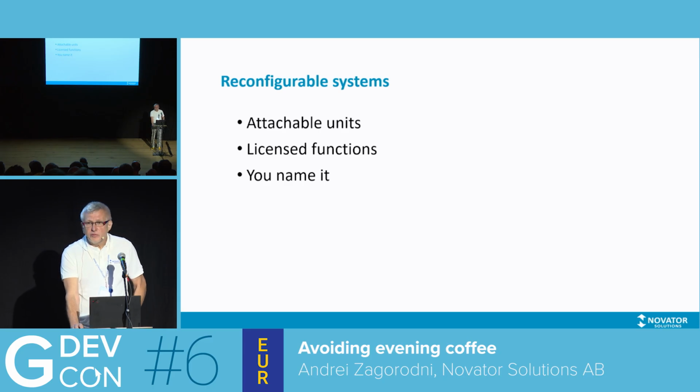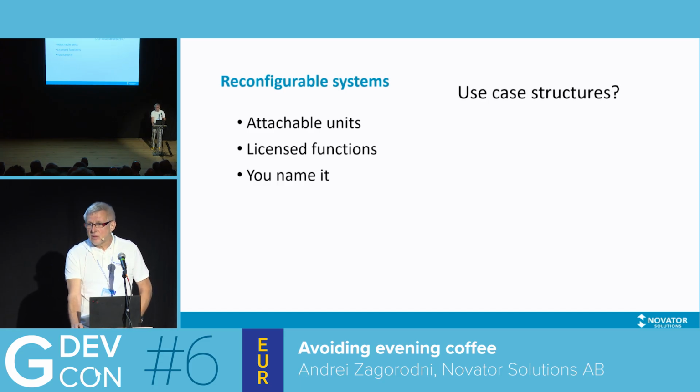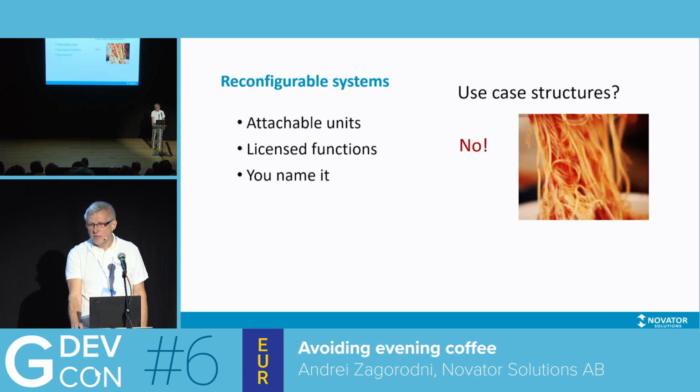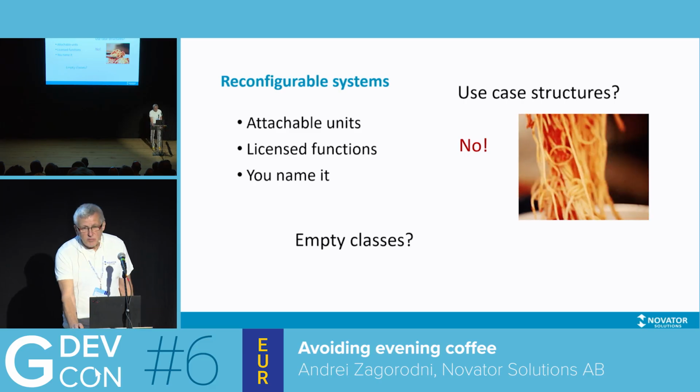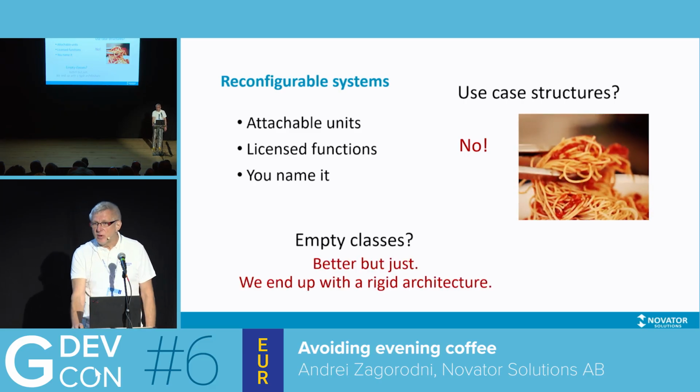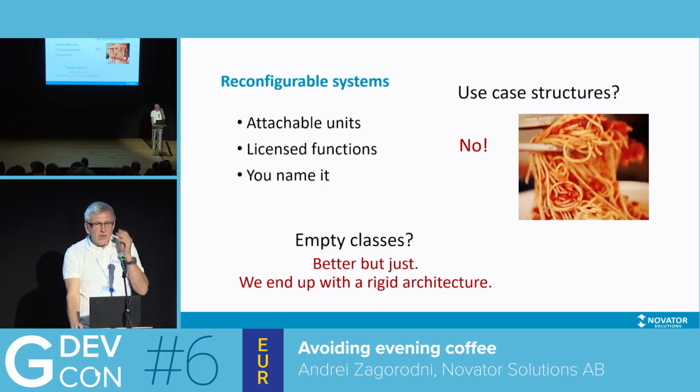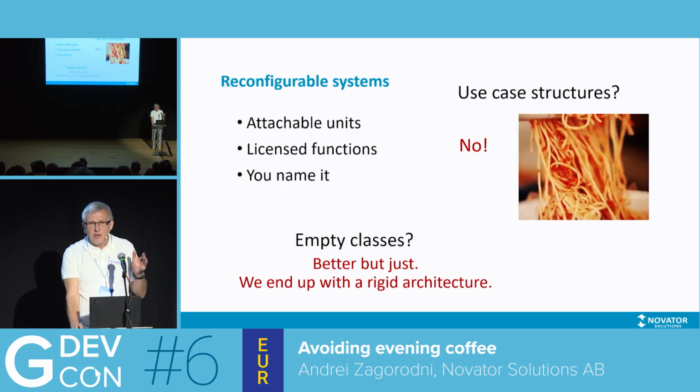Or very often, we have many workstations with different assemblies of hardware. So simplest solution use case structures. And here we have perfect spaghetti in our plate. Empty classes, little bit better, but not good at all, simply because with empty classes, we have the same situation.